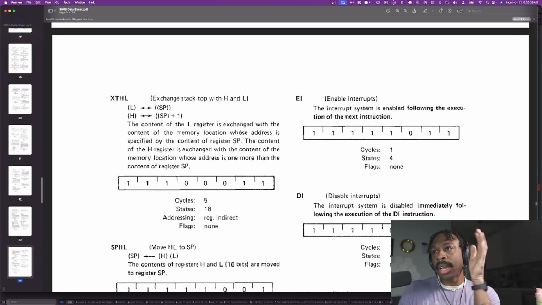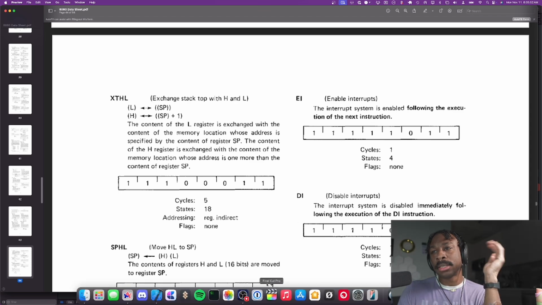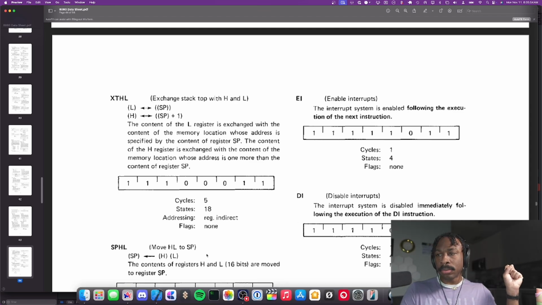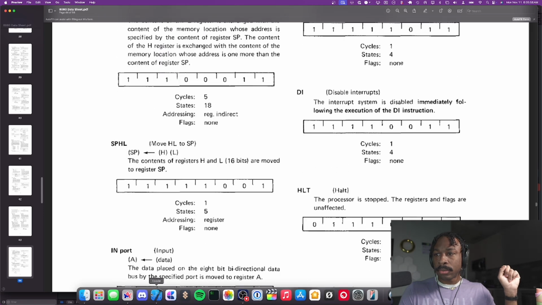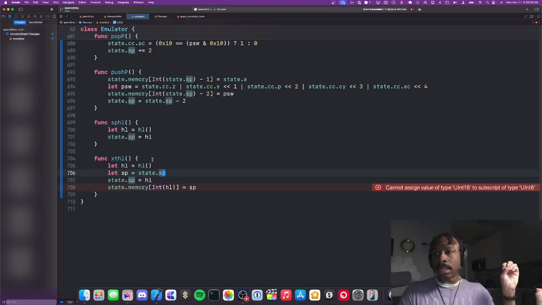The content of the L register is exchanged with the content of the memory address specified in the stack pointer, and H is exchanged with the content of the address one more than the stack pointer. Okay, that's not too hard. I don't believe I can use this helper function, though.